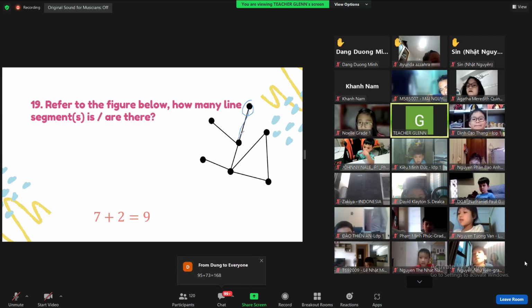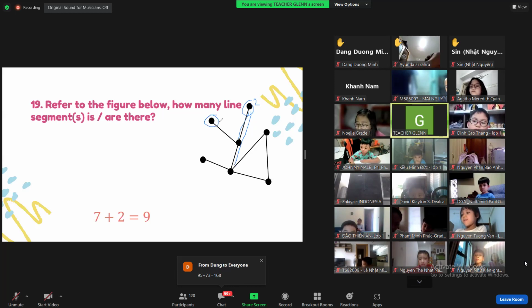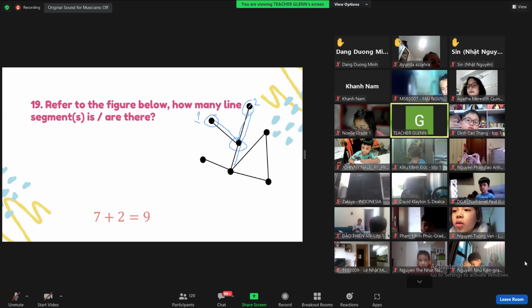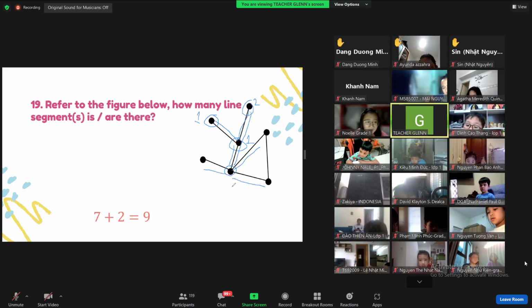So we have 1, 2. And this is 2. And this one, there is 1 connected. For this one, there's only 1 since we already counted it being connected here. So this is another 1. For this dot, there is 1, 2, 3. We put 3.